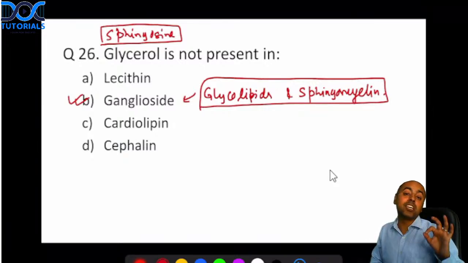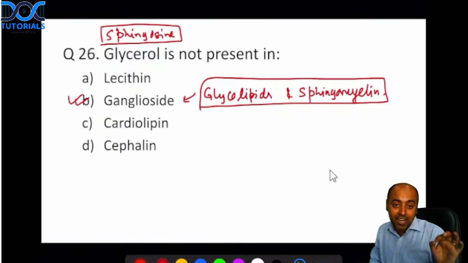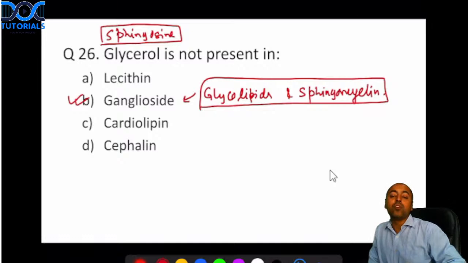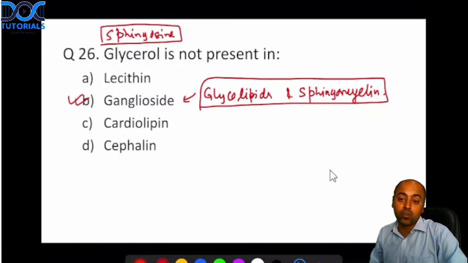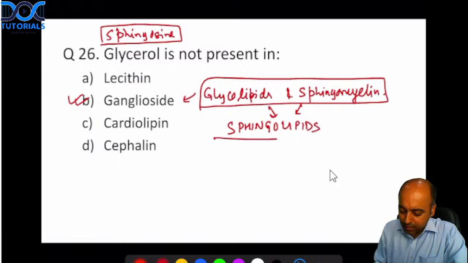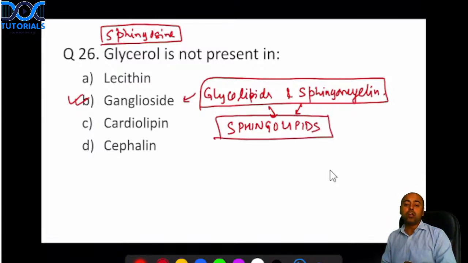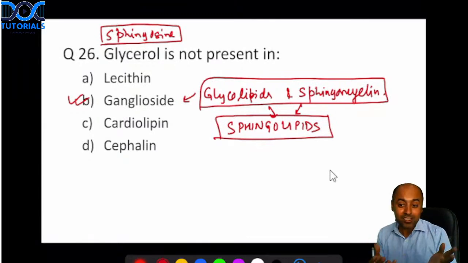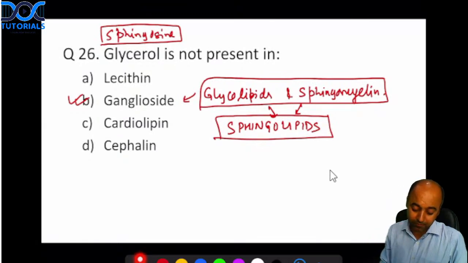All other lipids are going to have glycerol, whether it is the fats or the oils or the waxes, the glycerophospholipids, all of them will have glycerol as the alcohol. Those containing sphingosine as the alcohol are commonly known as sphingolipids. If they accumulate, then you get sphingolipidosis. We'll see those questions also.